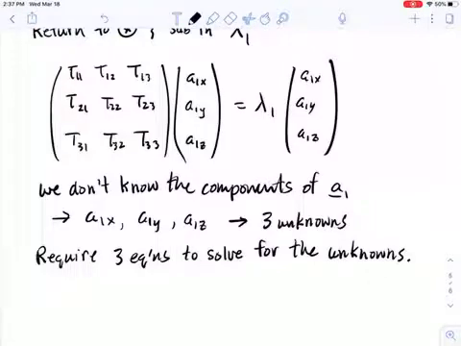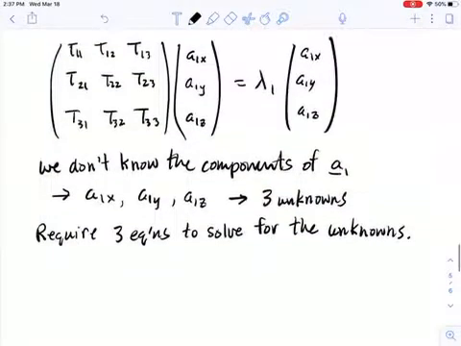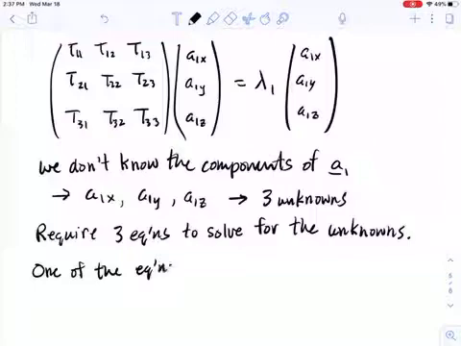Okay, well, lucky for us, this matrix equation right here is a set of 3 equations. And so we have the 3 equations that we require right in front of us. So one of the equations is, let's just do the matrix multiplication. Let's do the first row and see what happens.